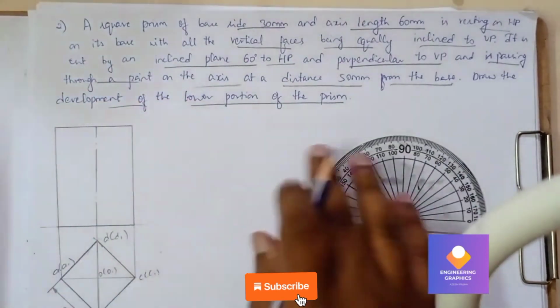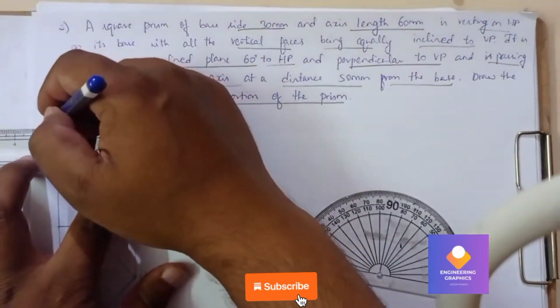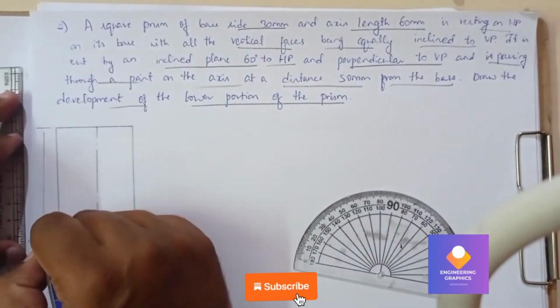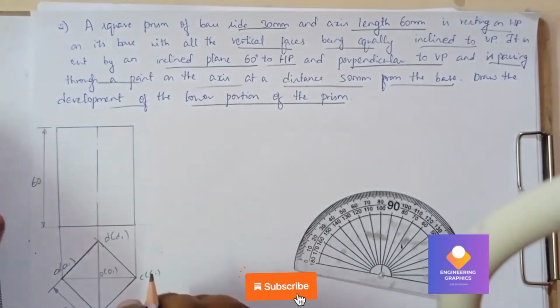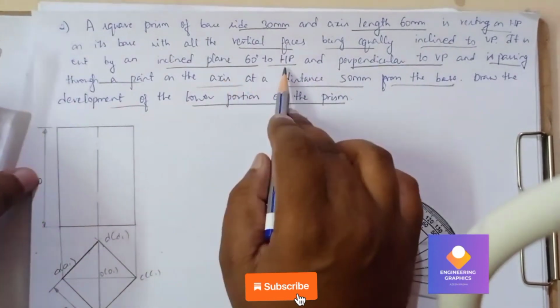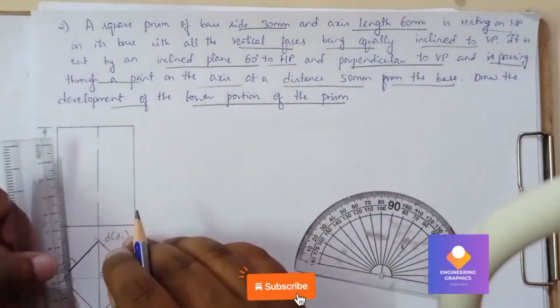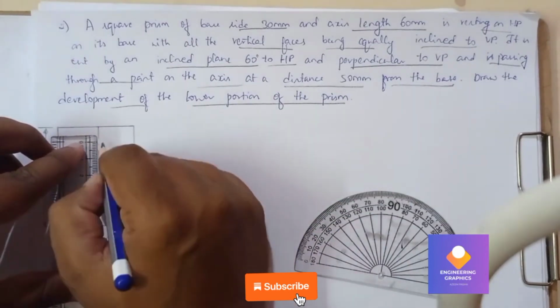Now here you can see the inclined plane, that is the cutting plane. We will show the dimension here, 60 mm, so the axis length is shown. Now you can see that the inclined plane is cutting at an angle of 60 degrees, and it is at a height of 50 mm from the base. So from the base we need to consider 50.